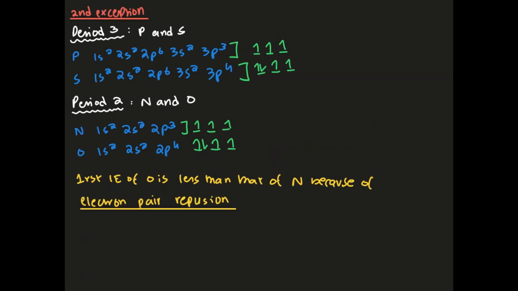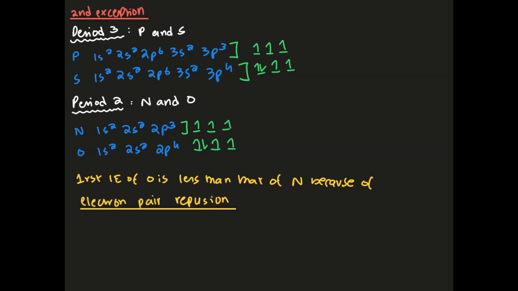So if you remember in the previous slide, I highlighted that there's an exception between phosphorus and sulfur in period 3. Now if you write down the electronic configuration for phosphorus, this is what you're going to get. And for sulfur, this is what you're going to get. So over here, the number of shells that you have are going to stay the same, right? So shielding is not going to affect anything.